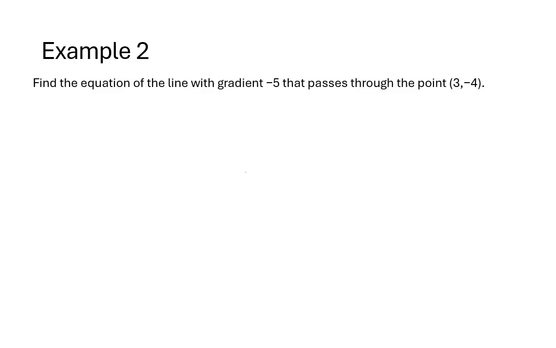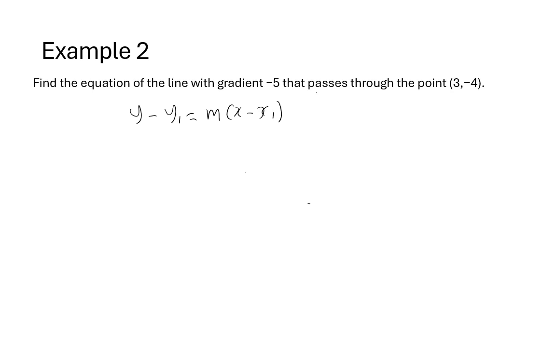In this example, we want to find the equation of the line with slope minus 5 that passes through the point 3 and minus 4. So as we said, whenever you are given only one single point, we use the formula y minus y1 is equal to m times x minus x1. So now we look at the question.